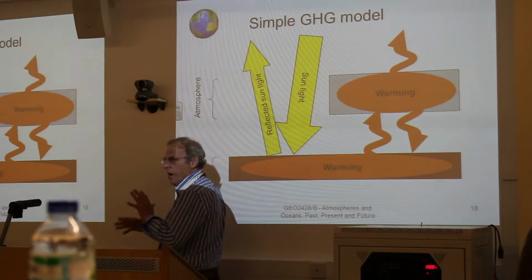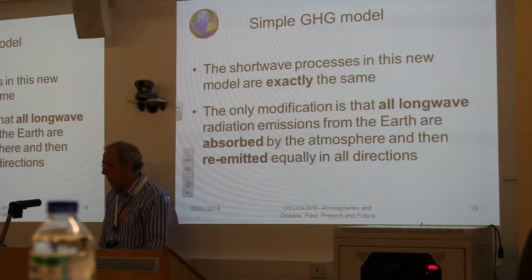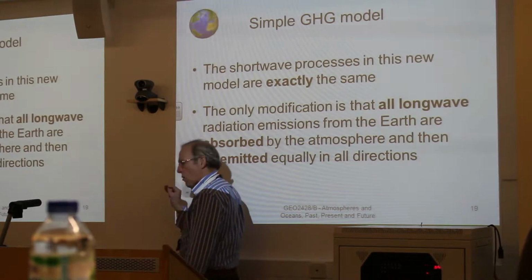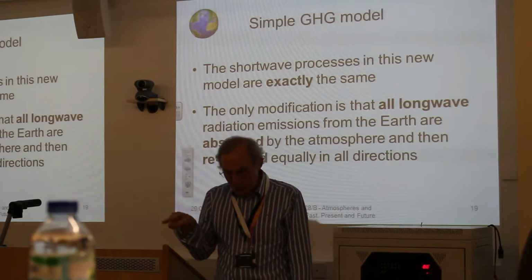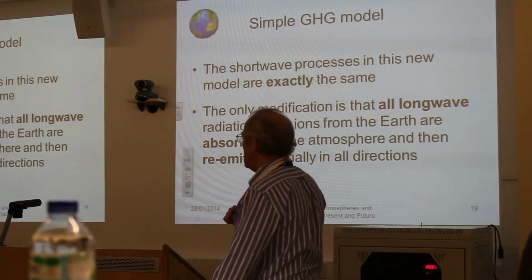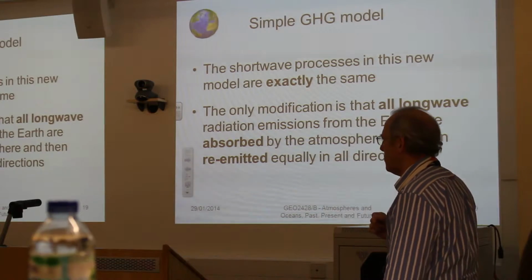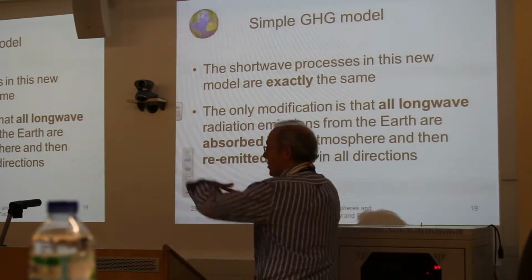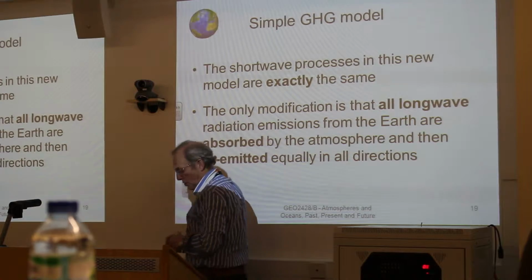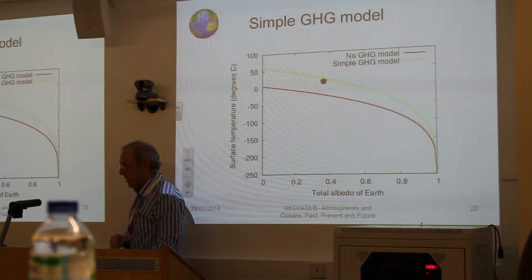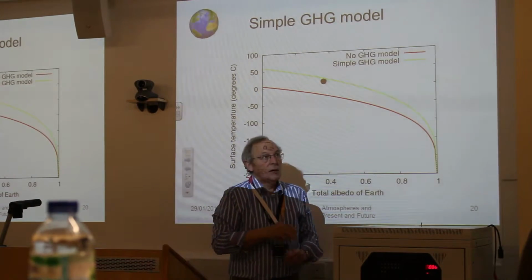So it's slightly complicated. And if we apply that model by saying, right, now we're just putting this extra bit in the model about long-wave radiation, all that's emitted from the Earth is absorbed by the atmosphere, re-emitted in all directions equally. How does that affect our model?